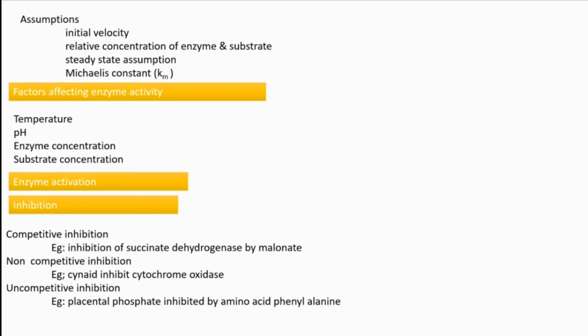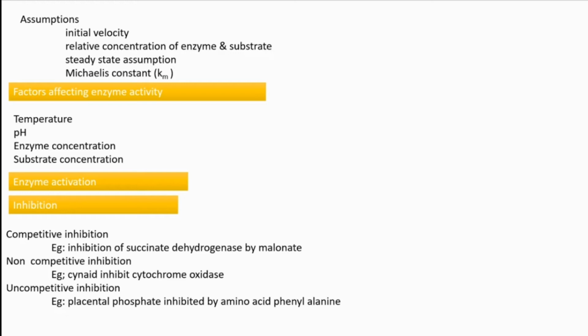Km is the substrate concentration to carry out the reaction at half Vmax. For proceeding that reaction at half Vmax, 50% of the enzyme should be bound with the substrate.